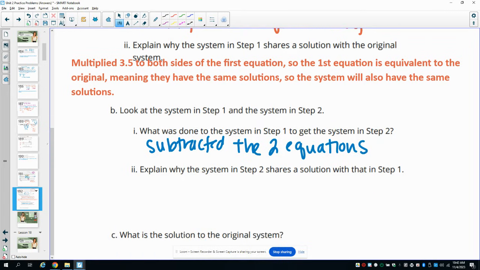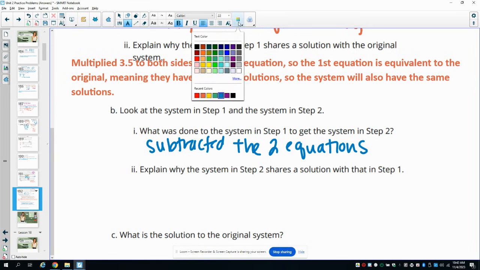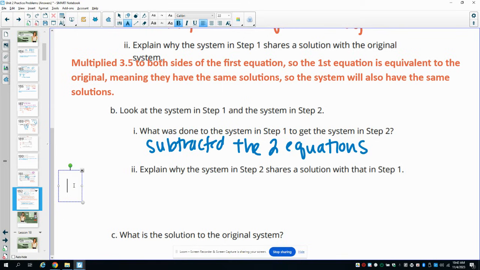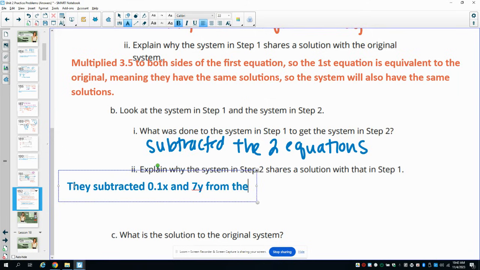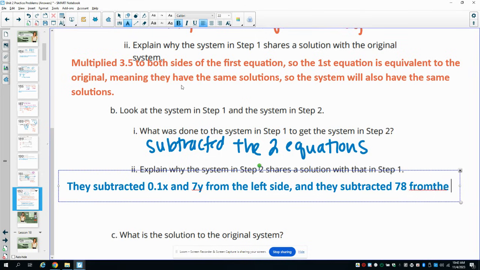And why is that going to be the same? So it's a very similar idea, right, to this one. So let's get this in here. All right, so they subtracted 0.1x and 7y from the left side. And they subtracted, was it 78? Yep, and 78 from the right side.